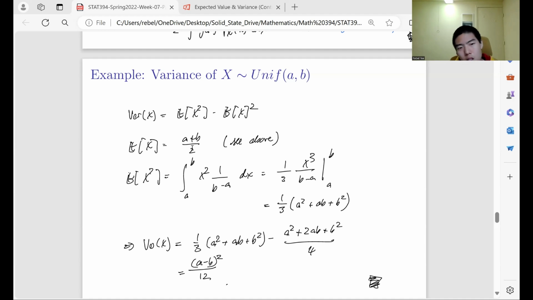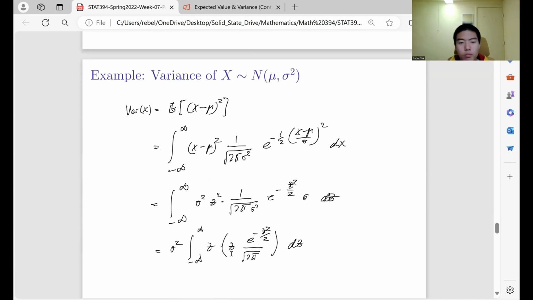So the variance can be computed in this way as well, the same as we do for the discrete variable. We compute the integral of x squared times 1 over (b minus a), and this computes to this. And for the expectation squared, (a squared plus b squared plus 2ab) divided by 2 squared, which is 4. And we subtract them, and we get this as the result.